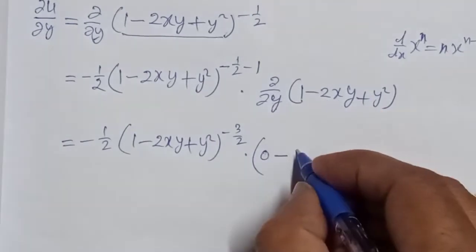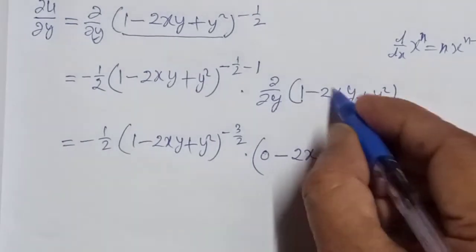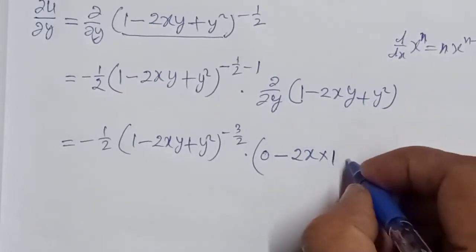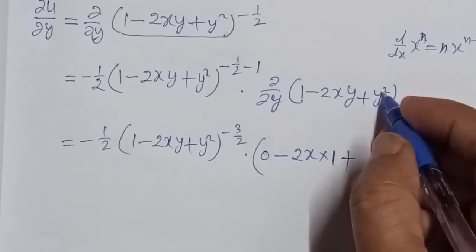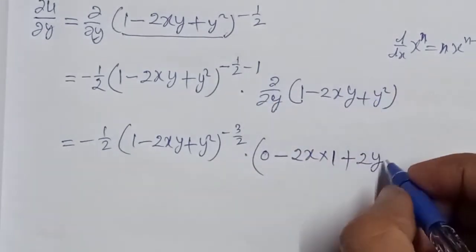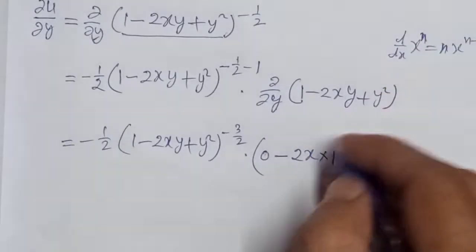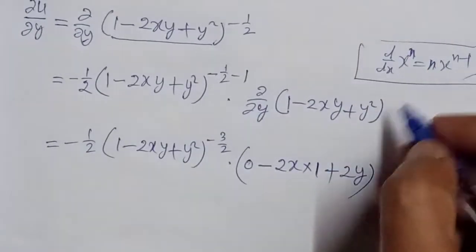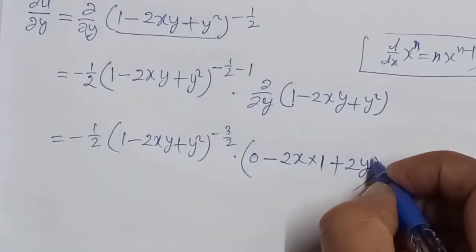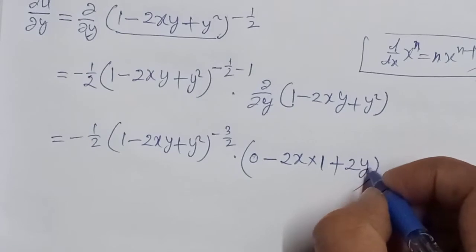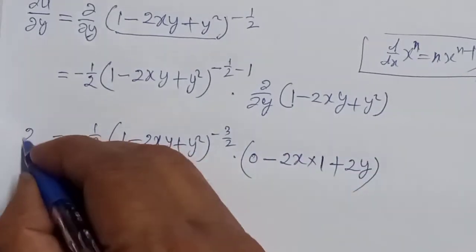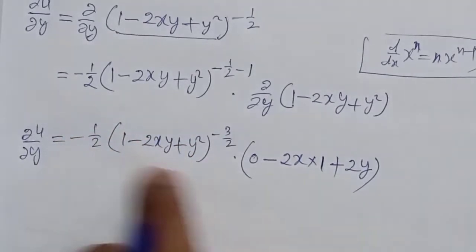Also 2x is constant, so I take it out and differentiate only y with respect to y, plus differentiation of y square is equal to 2y, because y is the variable. I apply this formula here, because 2 minus 1 is equal to 1, and 1 is not necessary to write because it is default. So del u over del y is equal to this.